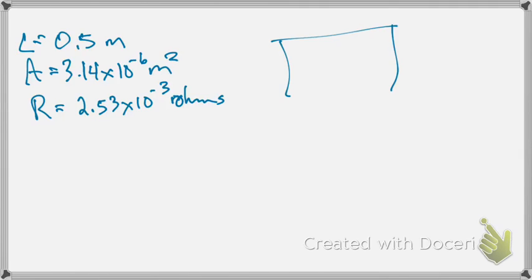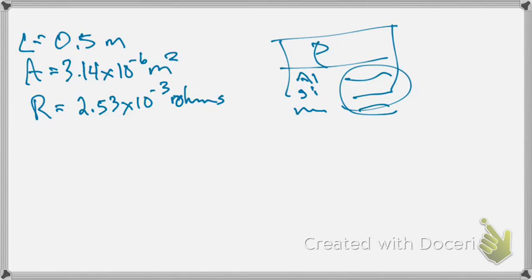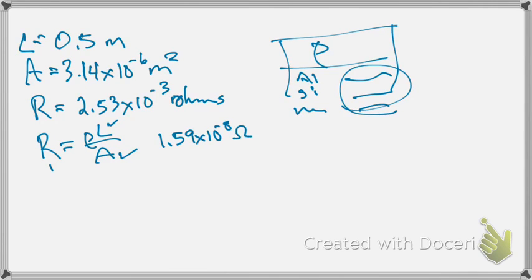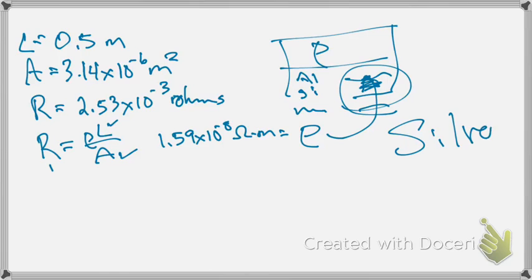So when you look in your reference table, they have these resistivities of aluminum, silver, nichrome, and they give you the numbers. So you're going to solve for the number and then look it up in the chart. So the equation is R equals rho L over A. Plug in your numbers for R, L, and A. When I did it, I got 1.59 times 10 to the negative 8 ohm meters for my resistivity. And when I went to the chart and looked that up, it was silver.